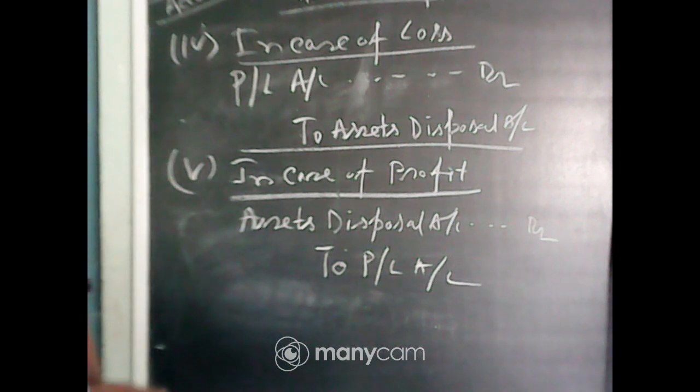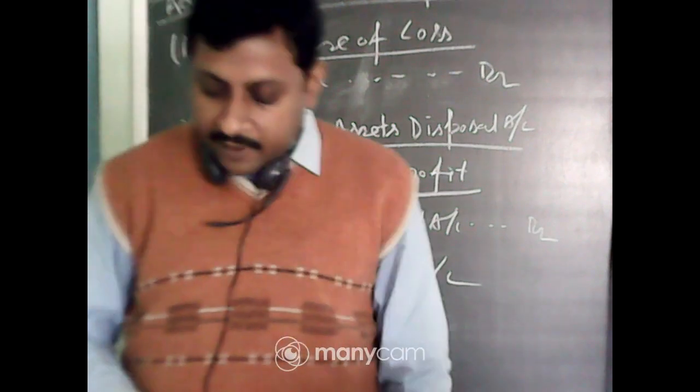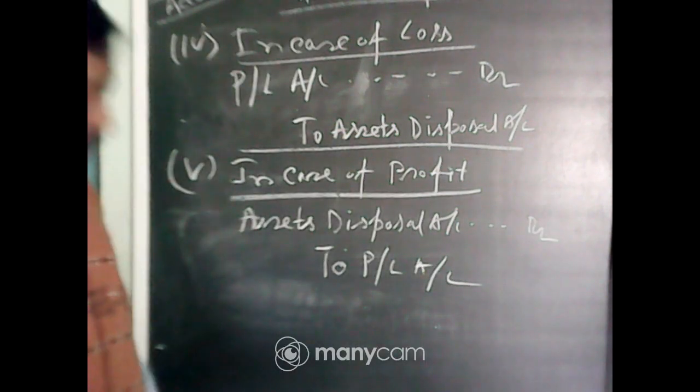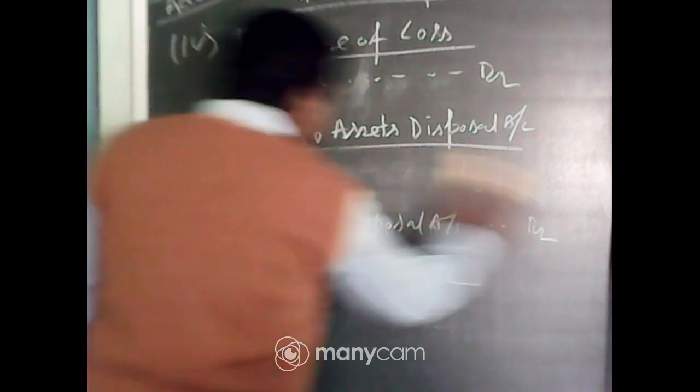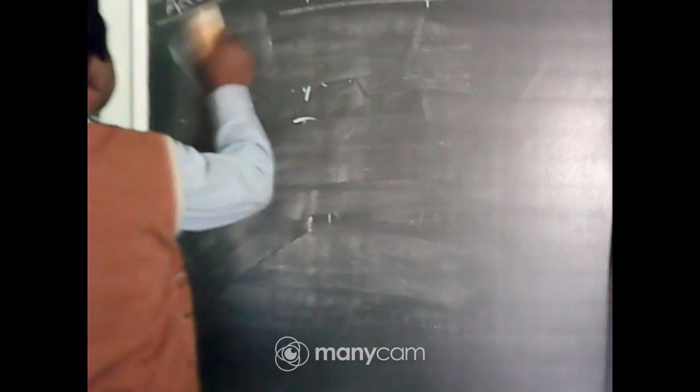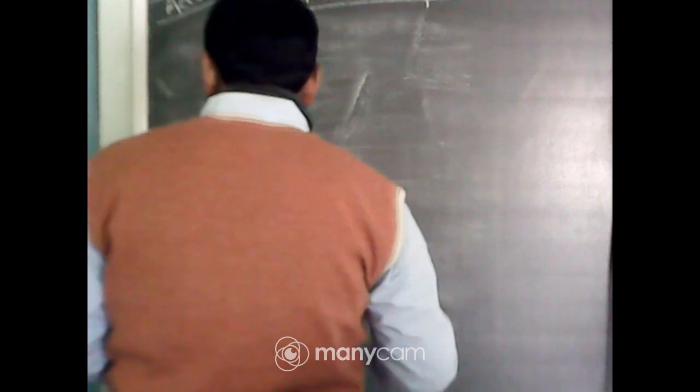So these are the very simple journal entries you have to pass in case of asset disposal account. Now take a practical example. Suppose a machinery at a gross value rupees 5 lakh.